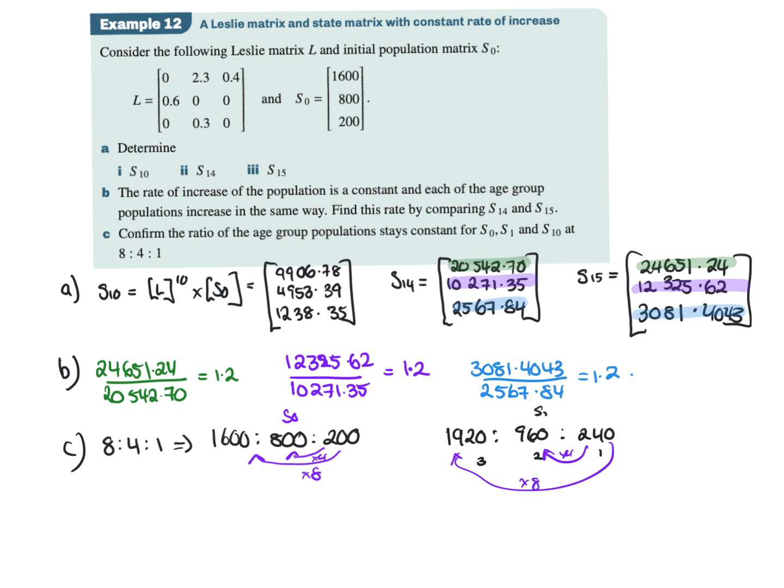So yes, that was the same. And then if you have a look at S10, S10 does the same with some large numbers. And that's all they're doing. So if they just say compare, you just show it like that. So this one also would be 8, 4, 1.